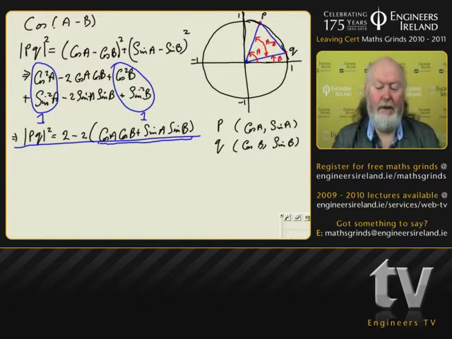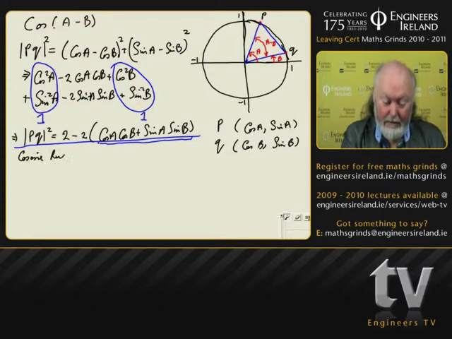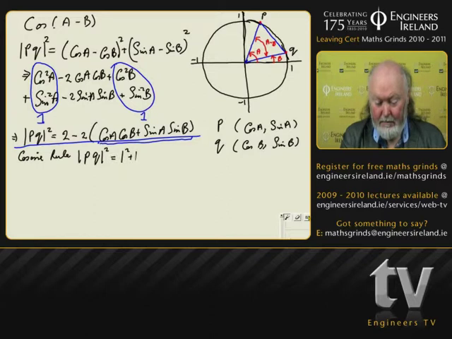So now, what's the second method that we can find PQ by? We can use the cosine rule on this. So let's have a look at that thing.